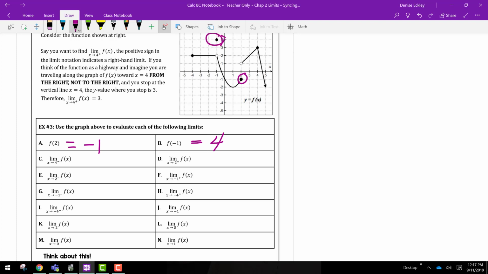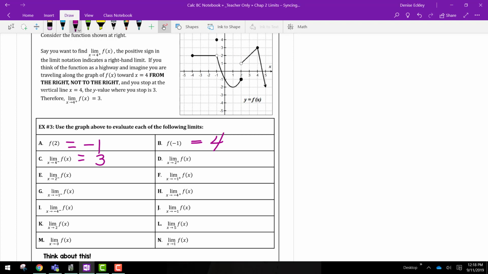Okay, so part C now asks the limit as x approaches 4 from the left. So I want to trace my highway, so to speak, towards 4 from the left. So here's along the curve. I'm coming from the left, and so I approach and end up at 3. Okay, then 2 from the right.